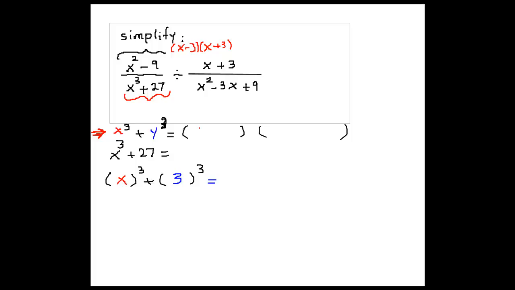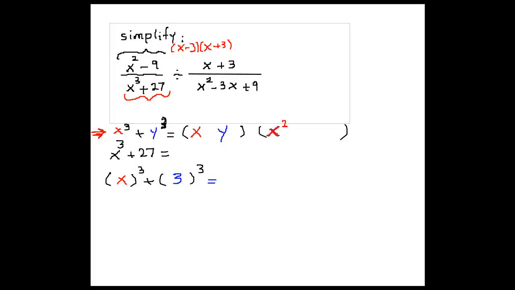A plus b times a squared, or x plus 3 times x squared minus 3x plus 9. Okay, well, I was more looking for the general form. So if I have x cubed plus y cubed, inside the first parentheses we have x plus y, and in the second parentheses we have x squared.